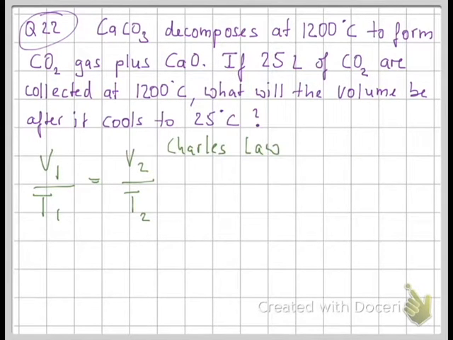All right, I moved Charles's law over a little bit. Okay, what will the volume be? So we want V2 equals V1 times T2 over T1. And as I said, the temperatures have to be in kelvins.